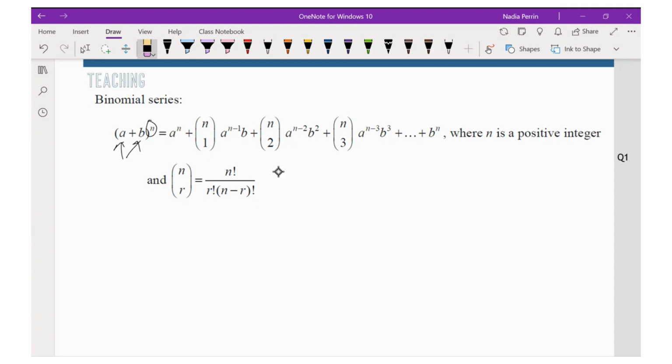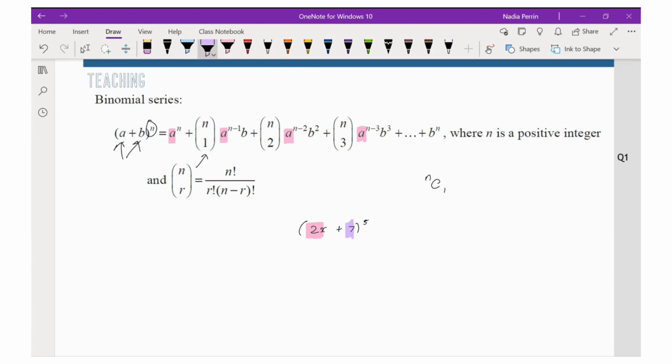It's just a reminder that this terminology here is when you're going to use the C button on your calculator. So that's going to be nC1, nC2, nC3. It's just going through the different parts of the formula. If we just randomly choose a question, let's say we were asked to expand that, then this 2x would become a and would be put in here, here, here, and here.